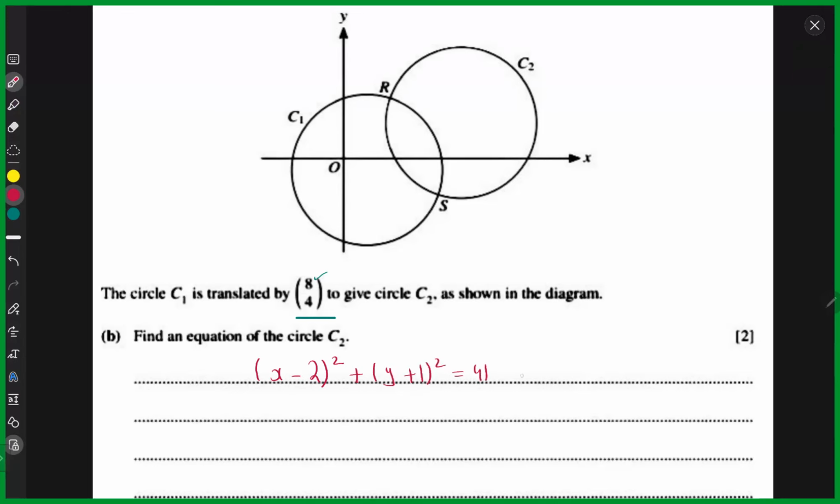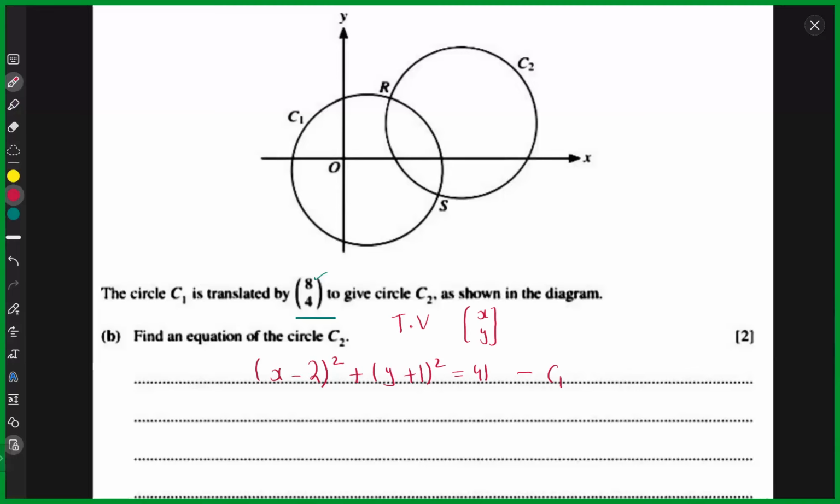This is the equation of C1. And if I talk about the translation vector, this gives you information about the x coordinate and this gives information about the y coordinate. So what do you guys think? How would the equation be modified in order to make it for C2?